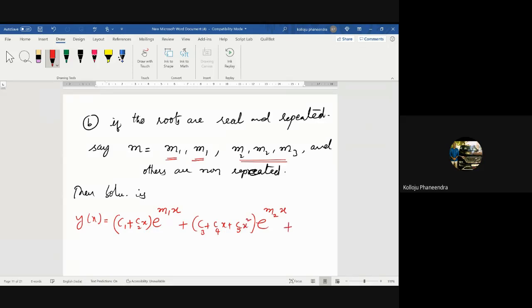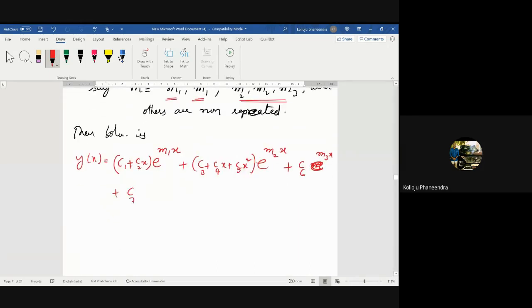And the remaining are not repeated. That means c6 e power m3x plus c7 e power m4x, like that. Lastly, some constant into e power mnx. Got it? So remember, the repetition number is very important.